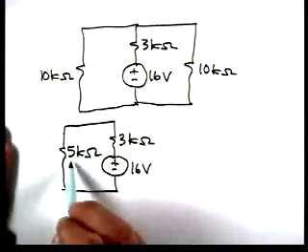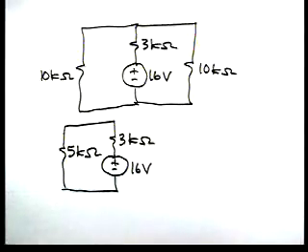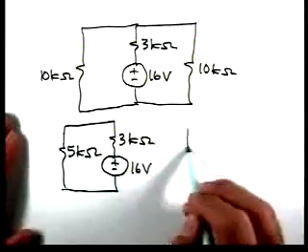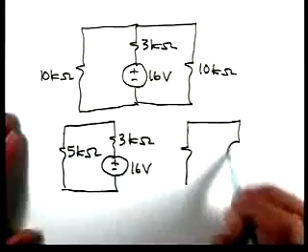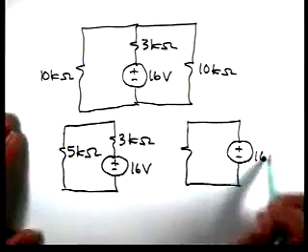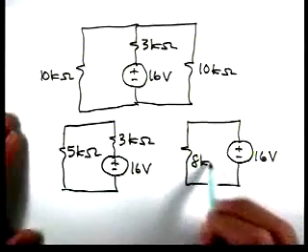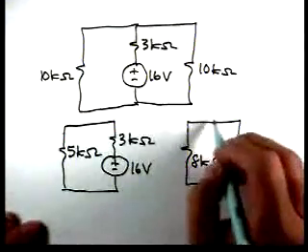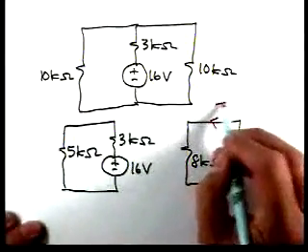Okay, the 5K is a parallel combination of the two 10s. And now these two are in series. So our circuit, where we're reducing it down to a single resistor and source, is this.